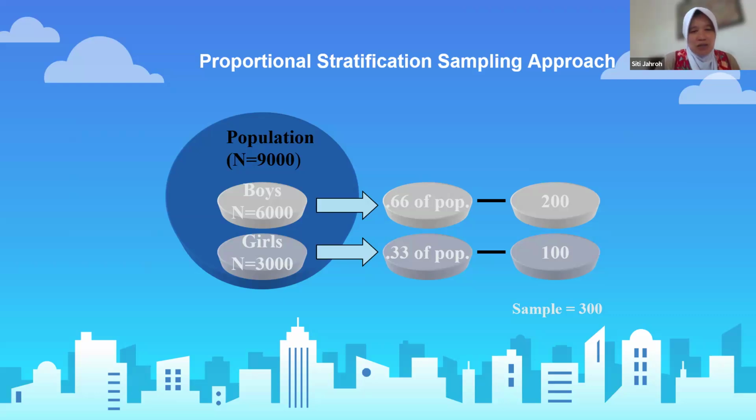Maybe the number of boys is 6,000 and the number of girls is 3,000, and then you make it proportionate, the same proportion between the boys and the girls. Or you would like to get 300, so 200 boys and 100 girls. This is stratified random sampling.